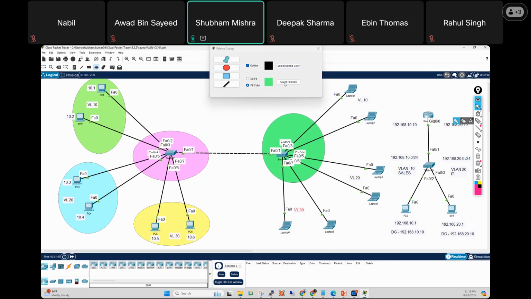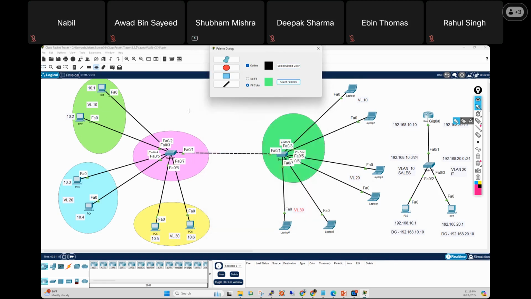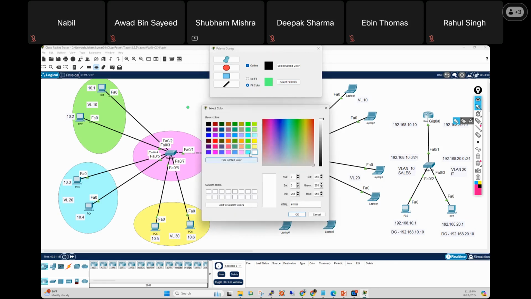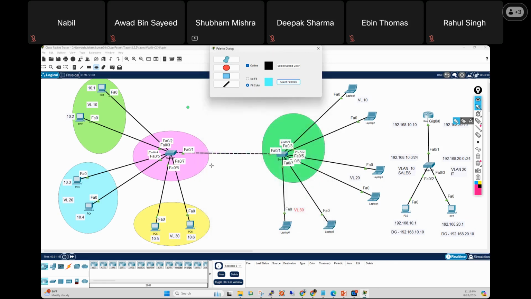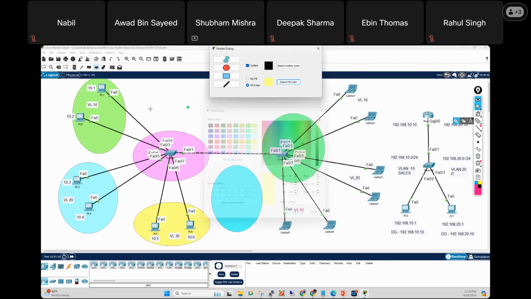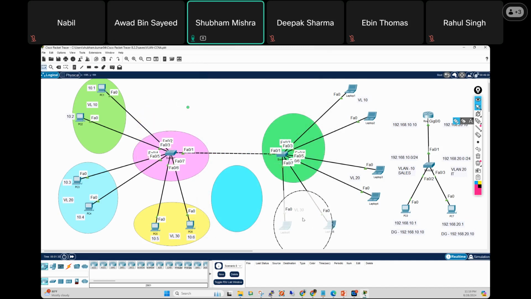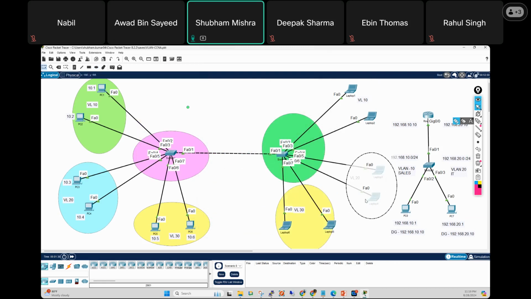It will help you. If you guys are not able to create it, I will share this file with you. You can just open this file in your Packet Tracer. If you guys want. Otherwise, no problem.